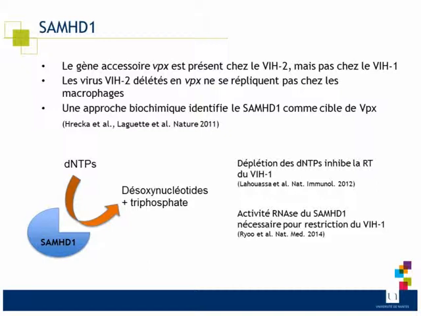So several groups were looking at, okay, what is the protein responsible for the myeloid block? And this time they used a biochemical approach. They looked for proteins that bound to VPX in the macrophages, and they pulled out this one, which is called SAMHD1. Now it turns out that SAMHD1 is a kind of nuclease, and its substrate is deoxynucleotide triphosphates.